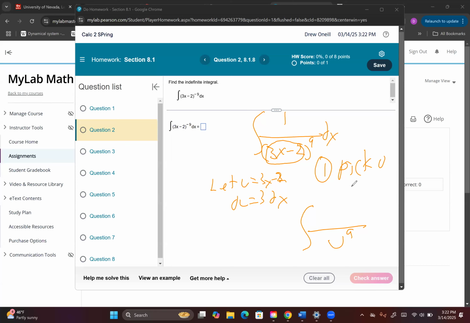But notice I'm not writing the other parts because this is where it gets funky. In the problem we have a 1 dx. This 3 is a big problem.